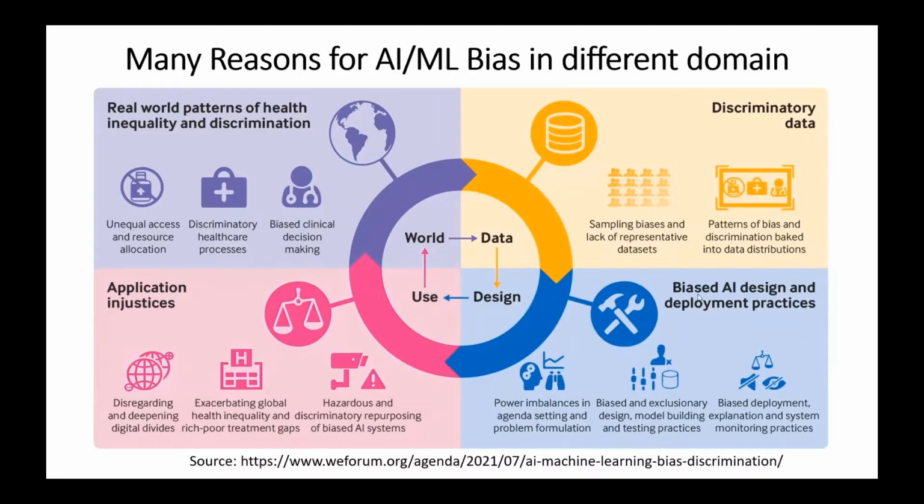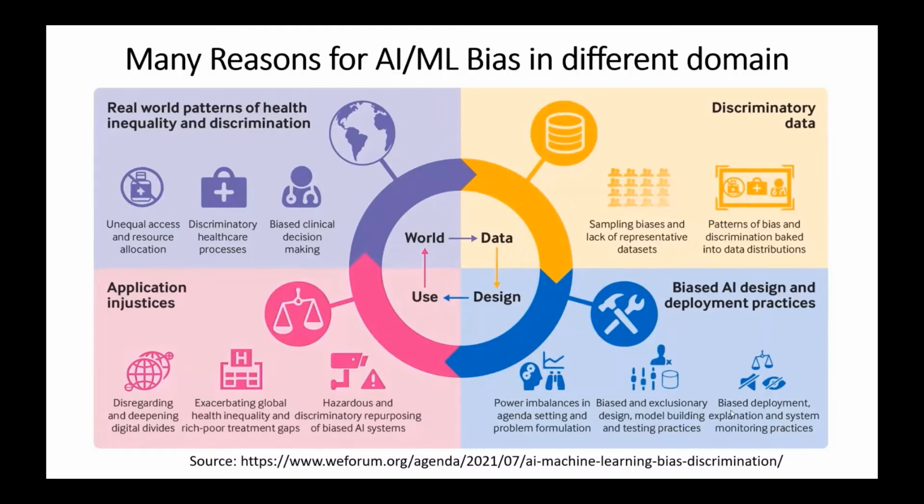Then it comes to the biased AI design and deployment practice. So power imbalance in agenda setting and problem formulation, who is developing the algorithm, and then bias in algorithm design, model building and testing practices. So that's the design and development part. Biased deployment and explanation and system monitoring, that's after the delivery.